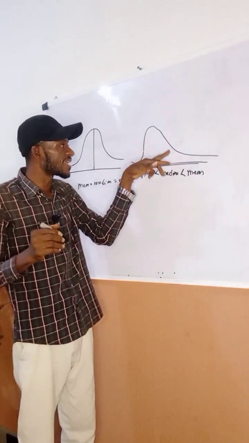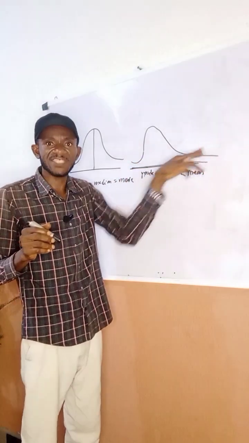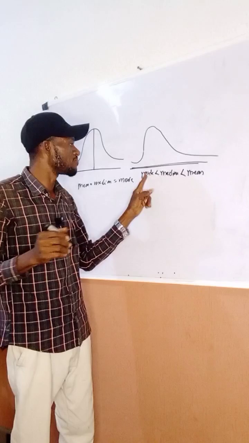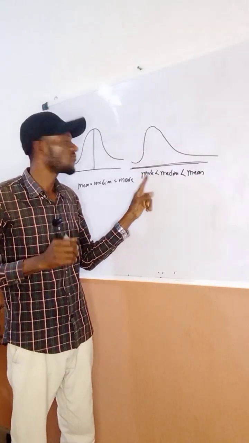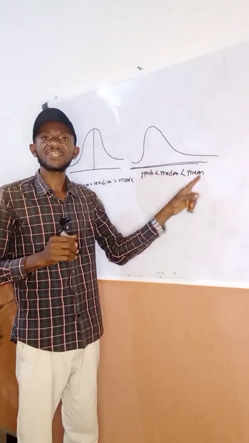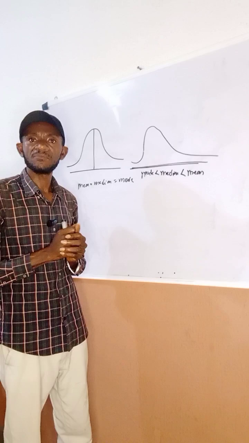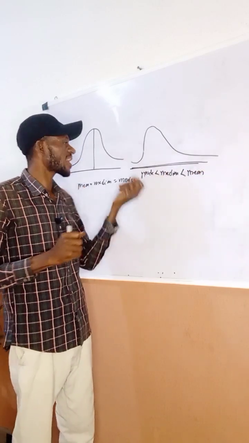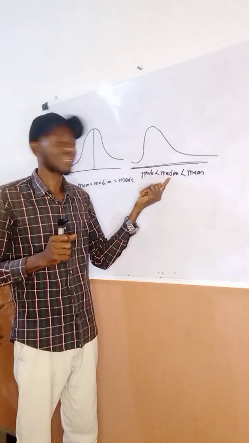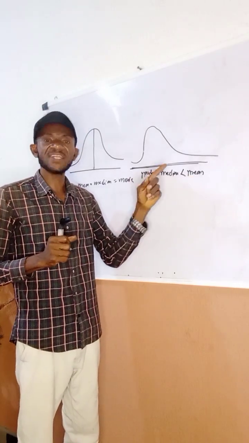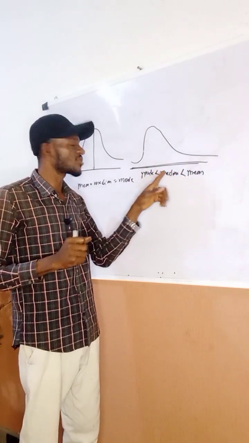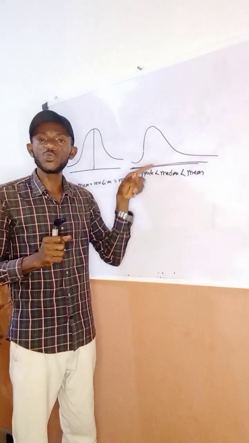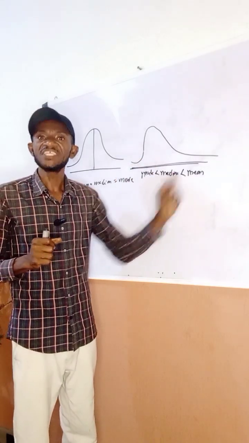Of course, when it is skewed to the right, it has a tail at the right. The mode here is the smallest, followed by the median, and then the mean. So here the mean is highest. So anytime you calculate the mode, the median, and the mean, and you find out that your mean is greater than your median and your mode, know that the data you are dealing with is skewed to the right.